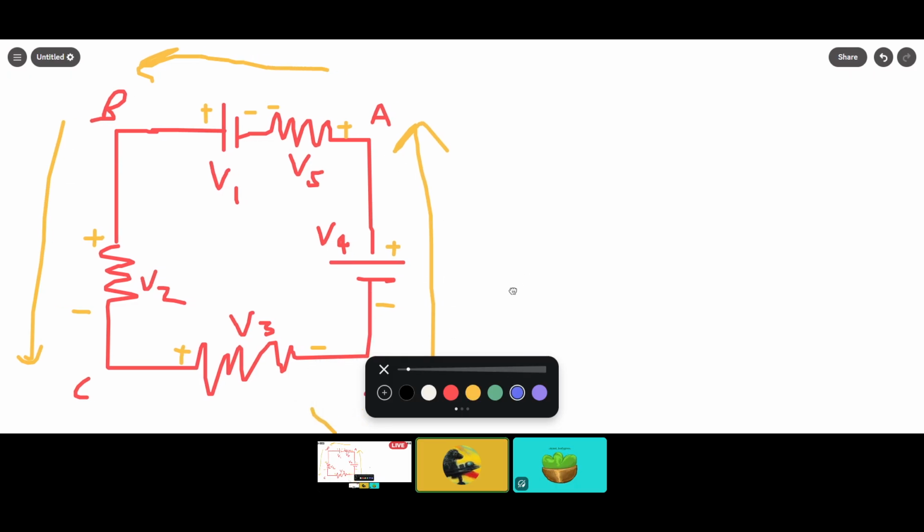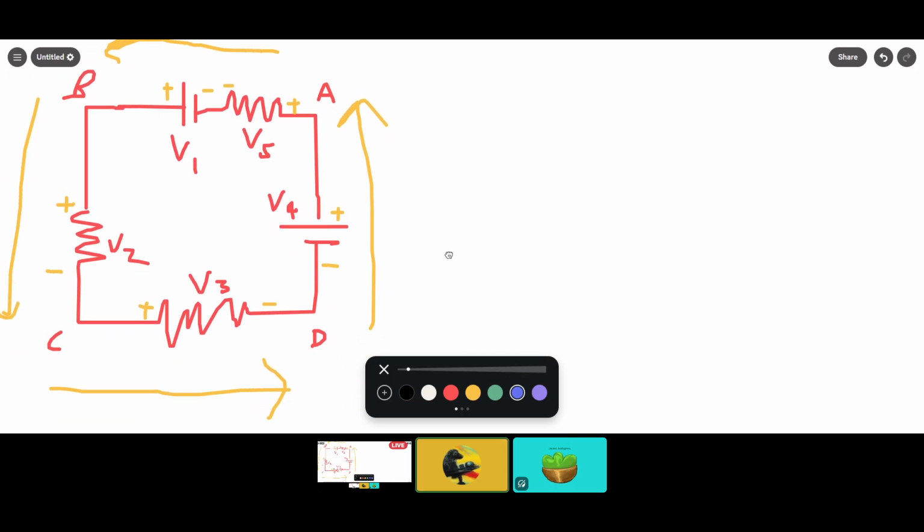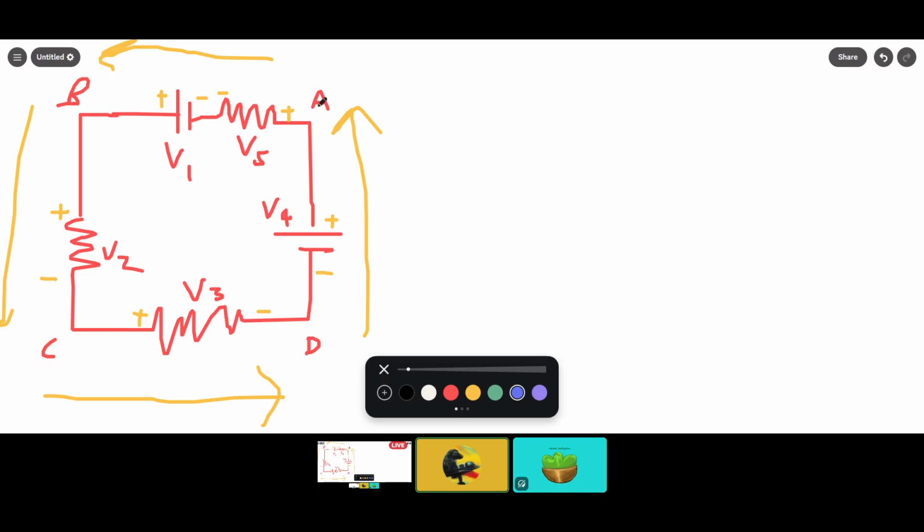So now let's create the expression. We start from A, we enter a battery, and we exit as minus, so we write down minus V5. We enter a battery, we exit as plus, so we write plus V1. We enter this resistor, we exit as minus, so we write minus V2.